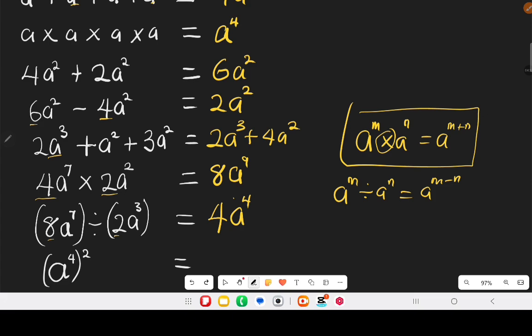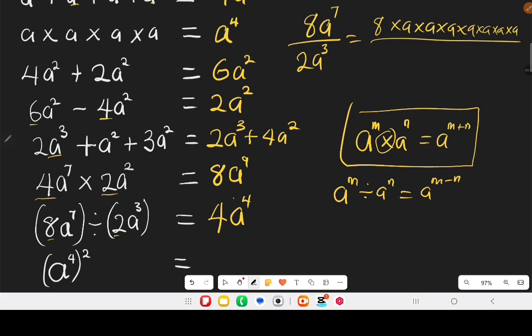If I want to explain this expression to its simplest form, I will write 8a raised to the power of 7 divided by 2a raised to the power of 3. This is the same thing as 8 times a written 7 times, all over 2 times a times a times a, 3 places.